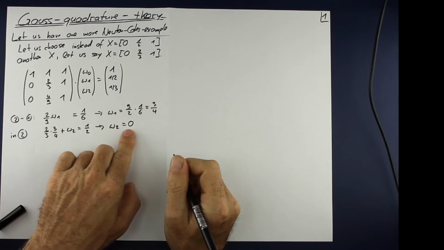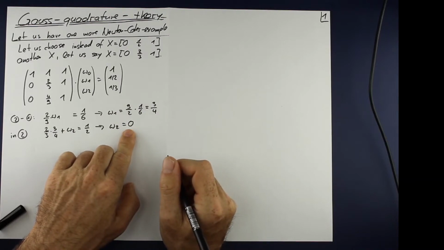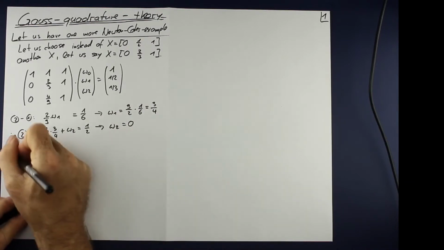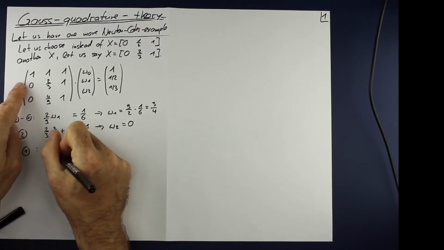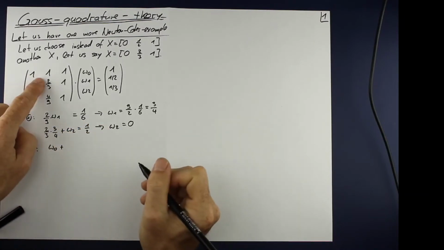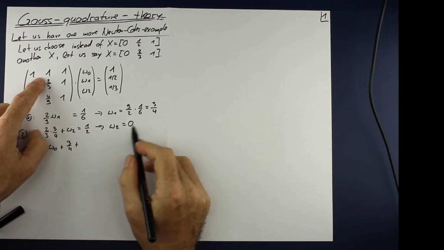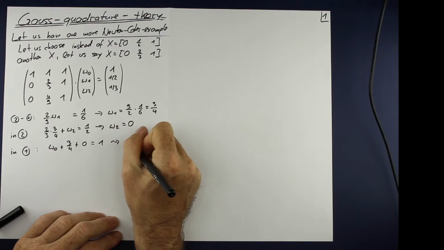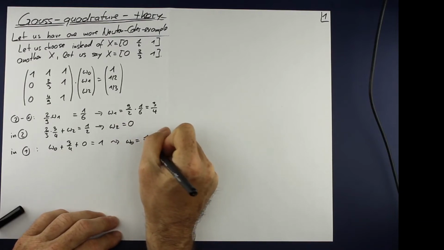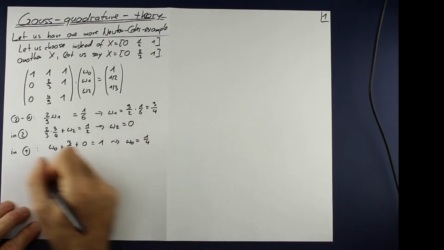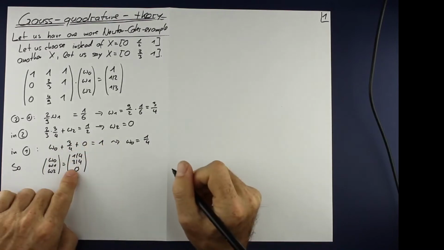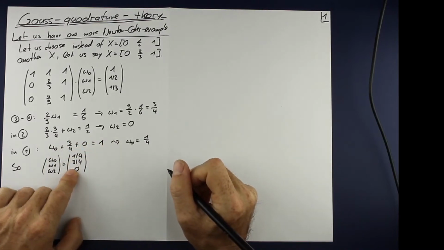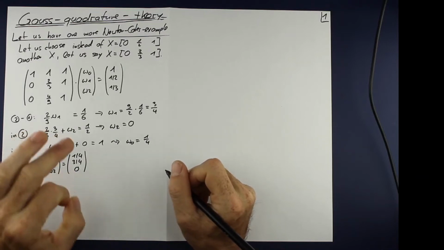And that's the spectacular thing in this calculation. So in the first equation we have omega 0 plus omega 1 plus omega 2 is 1, and thus omega 0 is a quarter. So our solution is this vector of weights, and this 0 is spectacular.